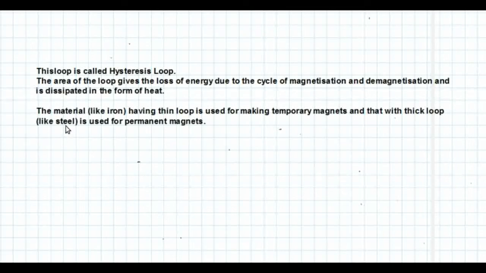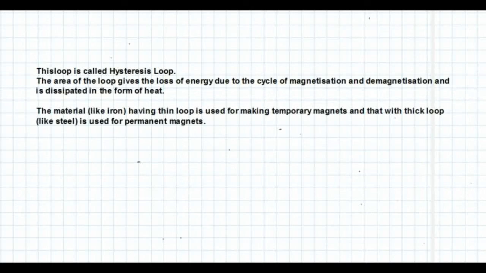Because for steel the area of the hysteresis loop is thick, and when the area of the loop is thick, they will have a high value of retentivity, and retentivity is one quality that we require to make a permanent magnet.